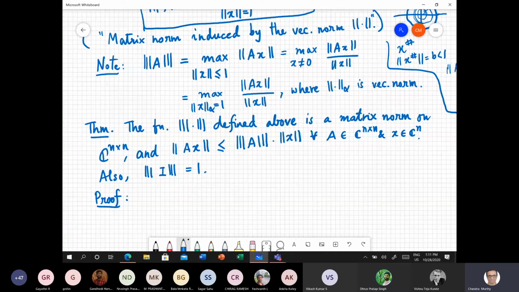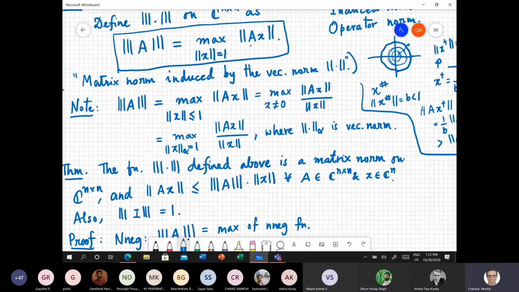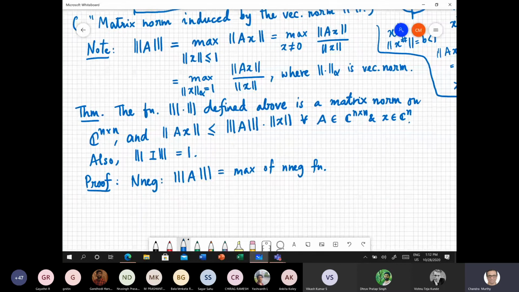Now these are the four properties. First we'll take non-negativity. By definition, the norm of A is the maximum of a non-negative quantity. This norm of Ax is a vector norm and it's a non-negative quantity. When I take the maximum of a non-negative quantity, I cannot suddenly get a negative quantity, so it is non-negative.